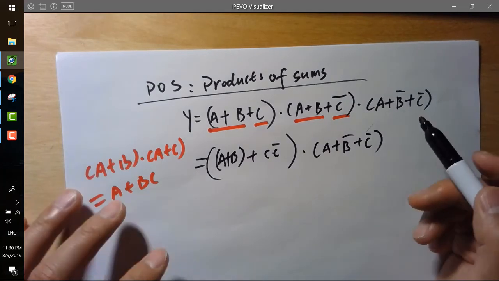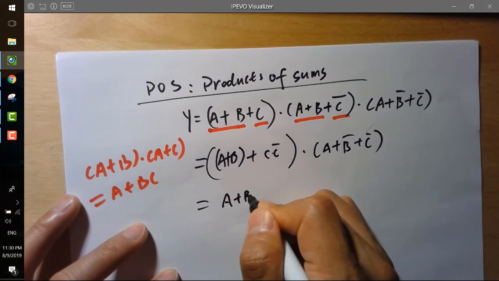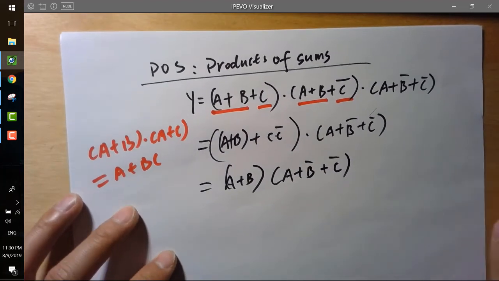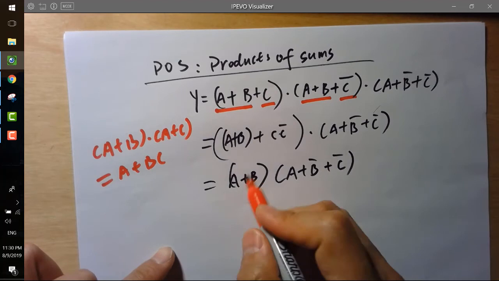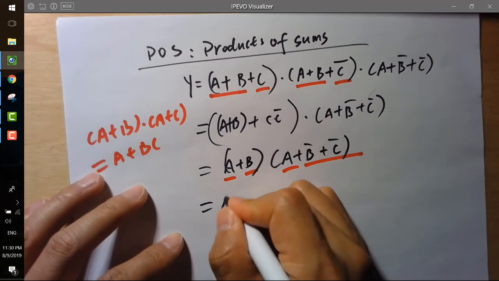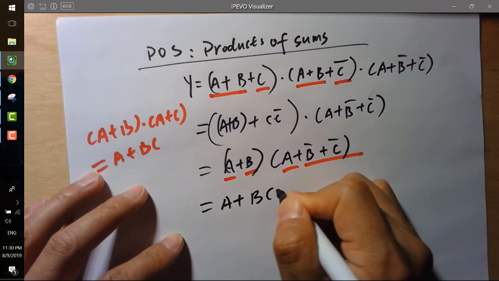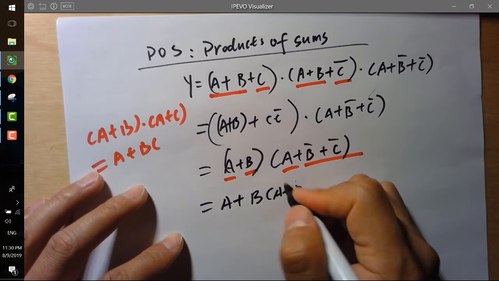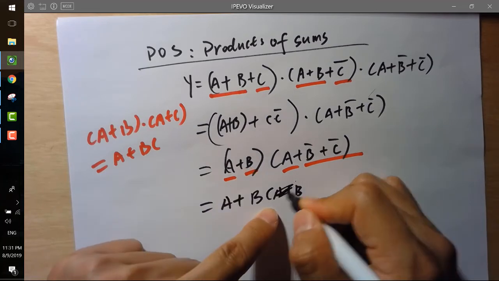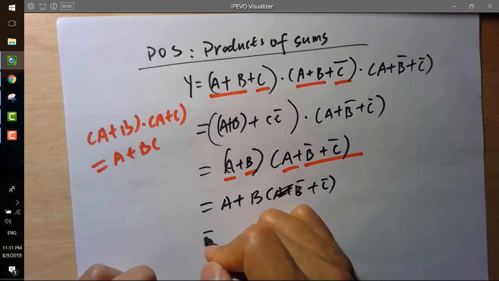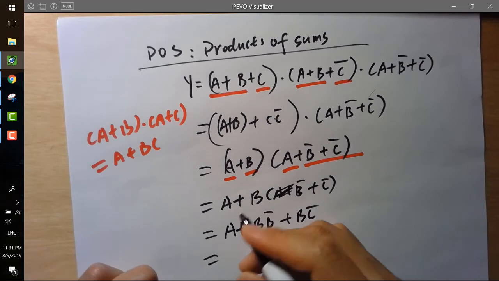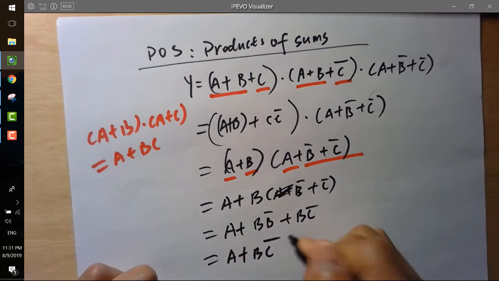Just keep this one the same, we didn't touch it. So now it's going to be A or B not, or C not. Still the same concept: A or B, A or C equals A or BC.